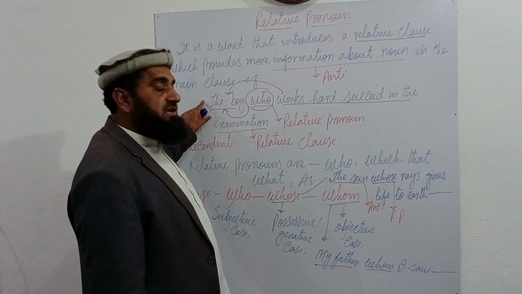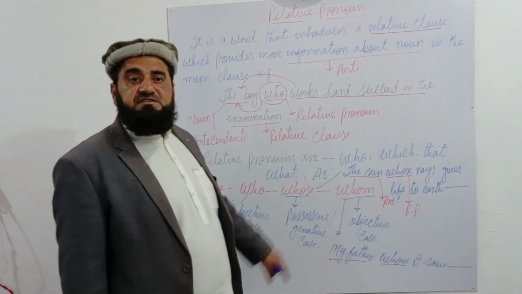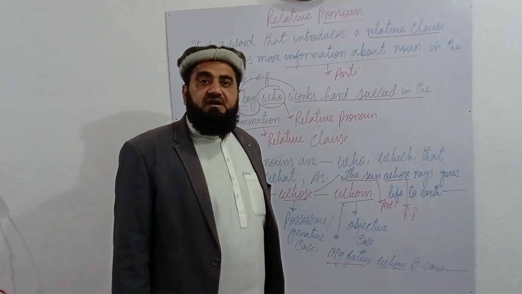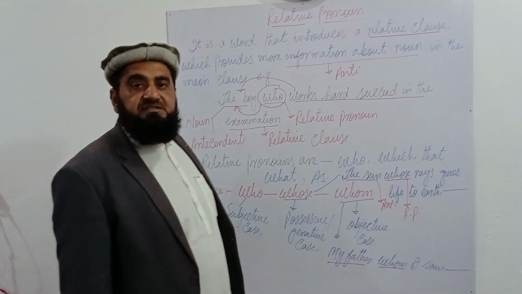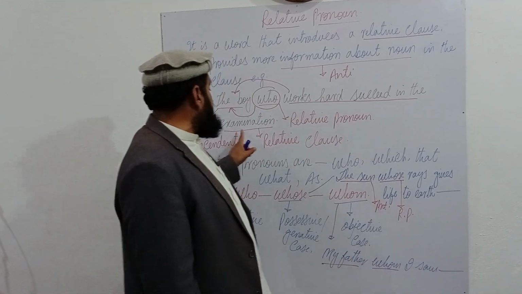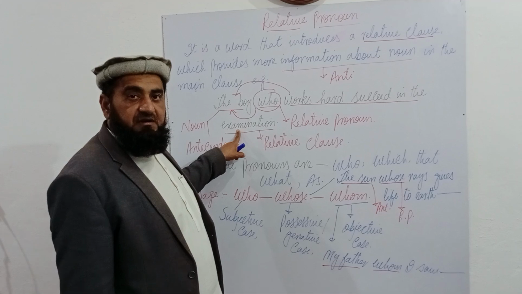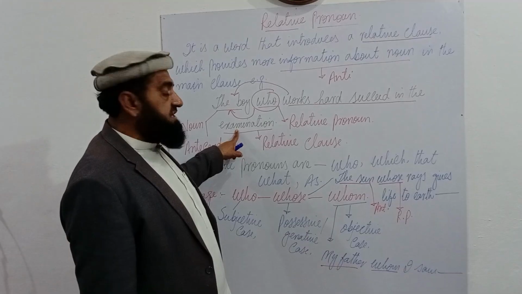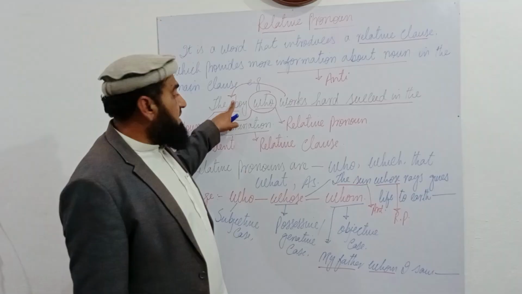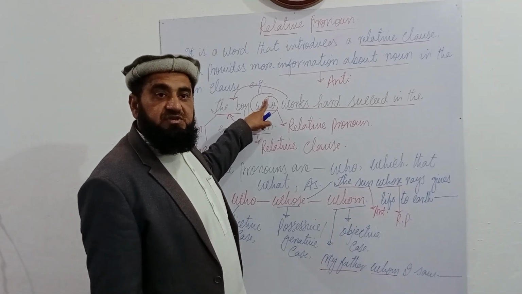So MCQs can come. For example, detect the antecedent within this sentence: the boy who works hard succeeds in the examination. This sentence will be given and we will detect the antecedent or relative pronoun within it.